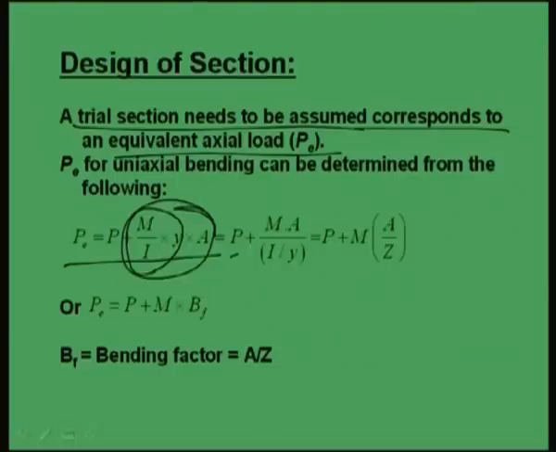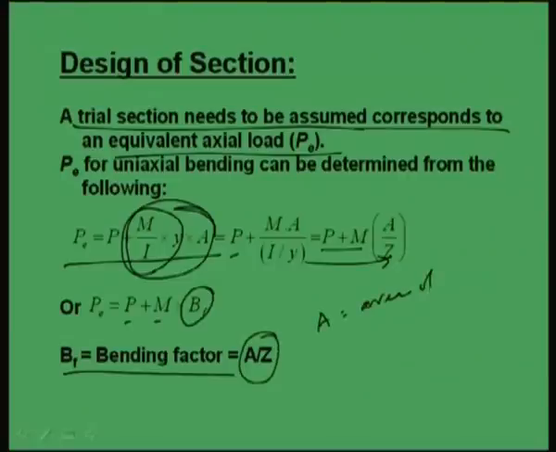So this is becoming P plus MA by I into Y. So I by Y is nothing but the Z. So P plus M into A by Z, or I can write PE is equal to P plus M into BF, where BF is called the bending factor. Okay. So bending factor is nothing but A by Z, where A is the area of the section and Z is the section modulus.